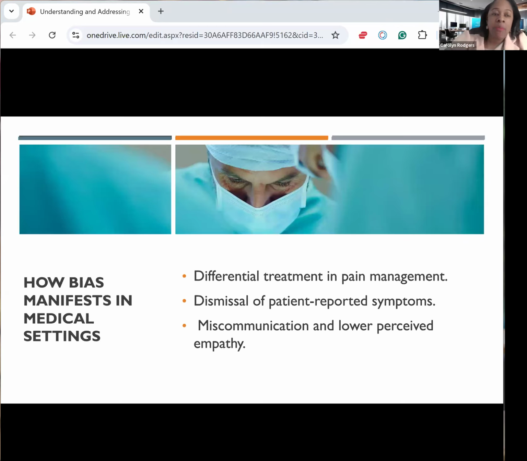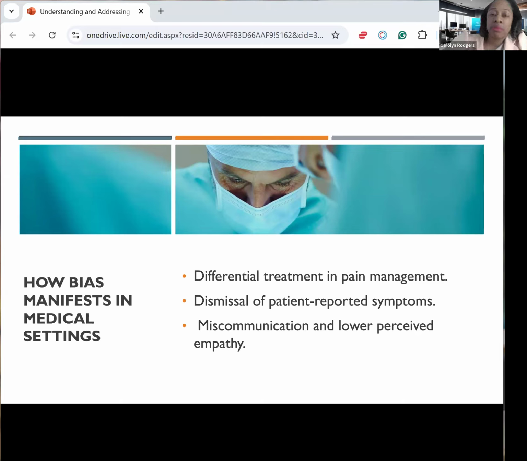The next thing is how bias manifests in medical settings. Some of those disparities include increases in mortality among certain ethnic minority groups. One of the things we need to look at is dismissing or minimizing patient concerns.